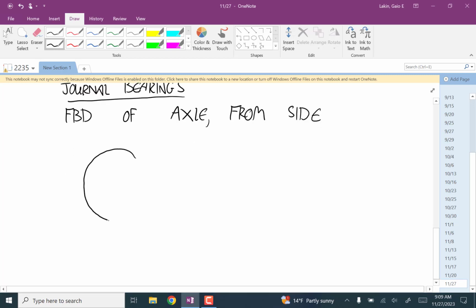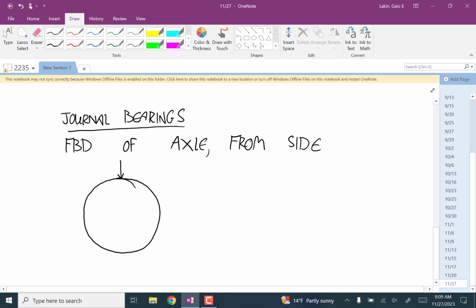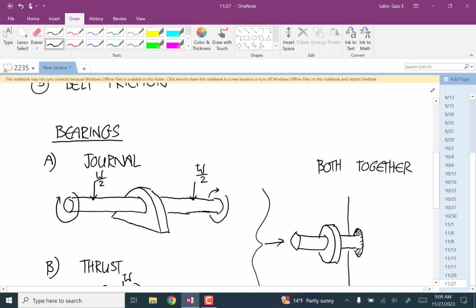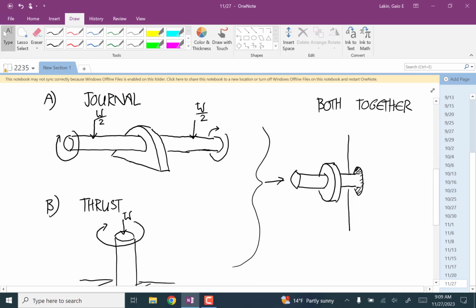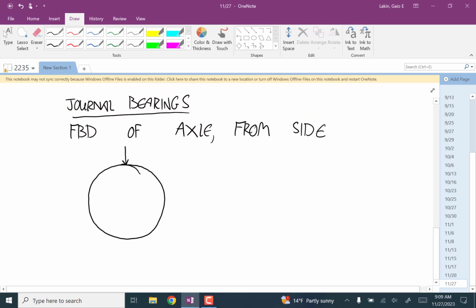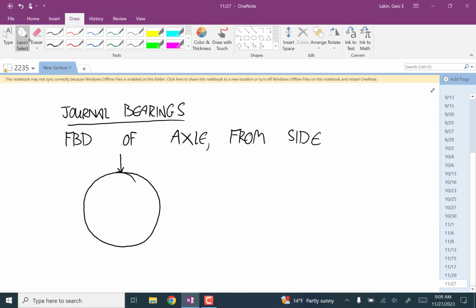I'm going to do it blown way up because we're going to have some small angles and stuff. So look at this picture that I drew here. If we're doing a free body diagram of the axle, we have a total weight of W on this thing, one on each side, right? But we're just looking down the pipe, so you have both of those. And so this is going to be W.